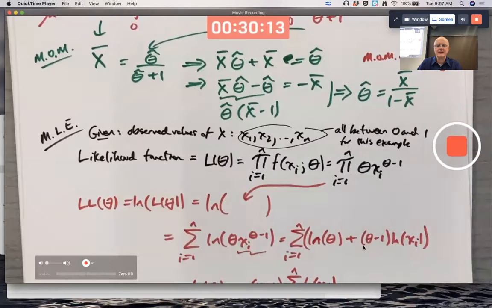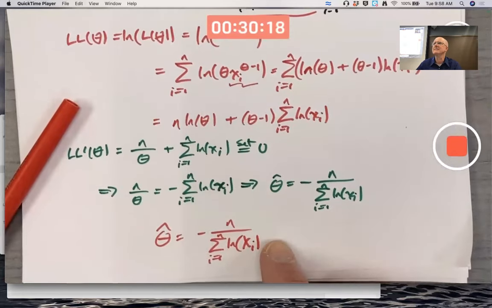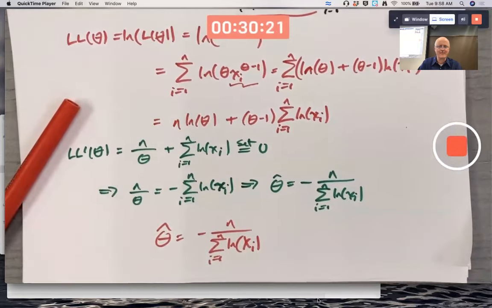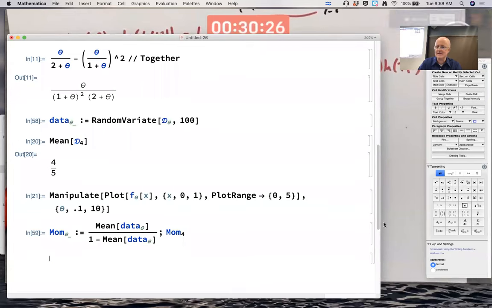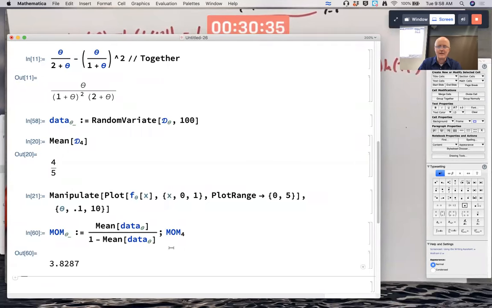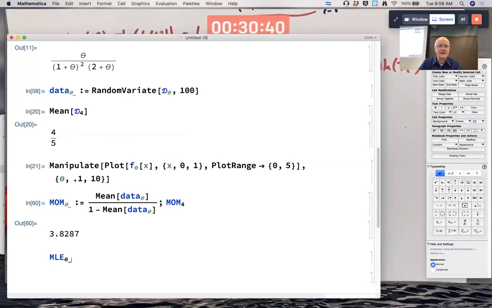How about the method of maximum likelihood? Need to compute those things. M.L.E. Maybe I should have used all capital letters. Okay, how about M.L.E. of theta? It depends on n too, right? Depends on the sample size.